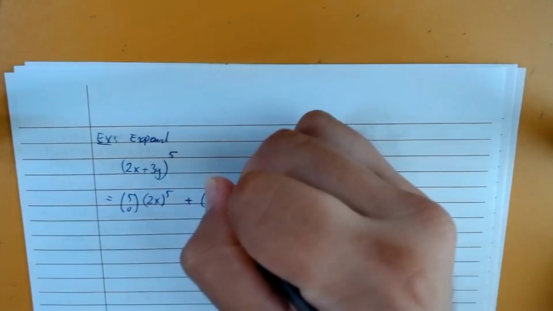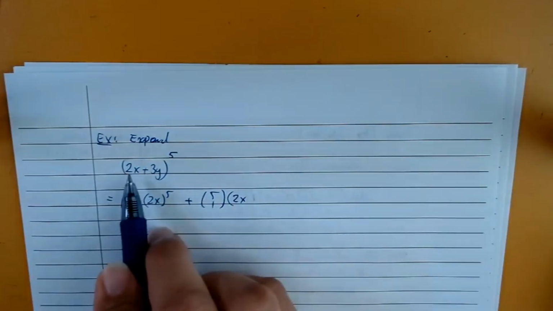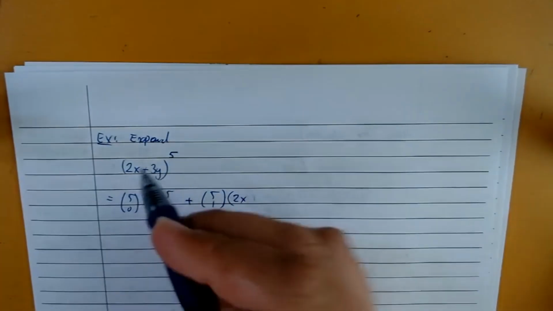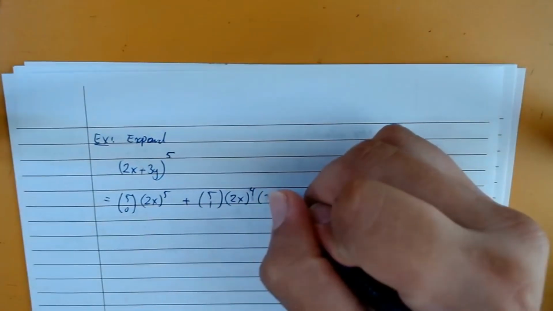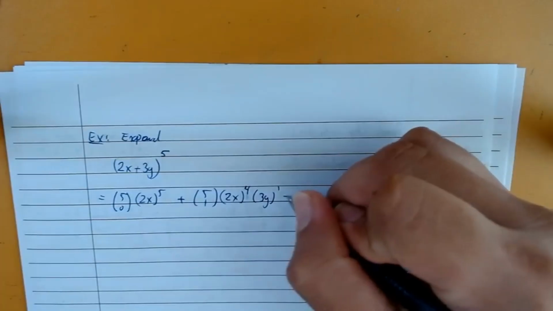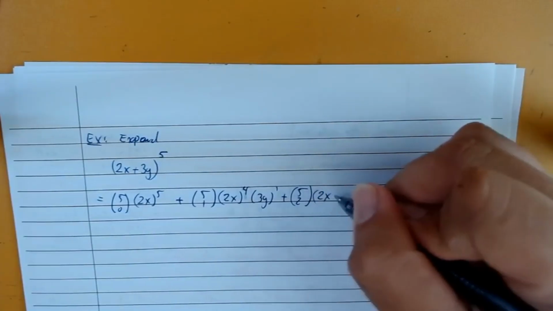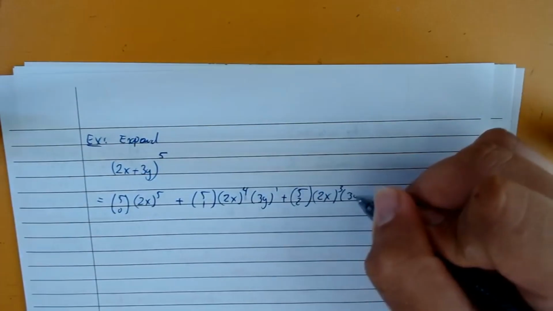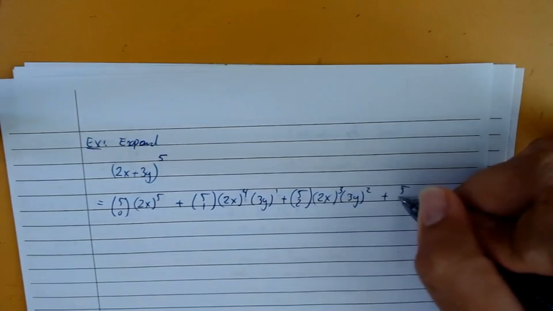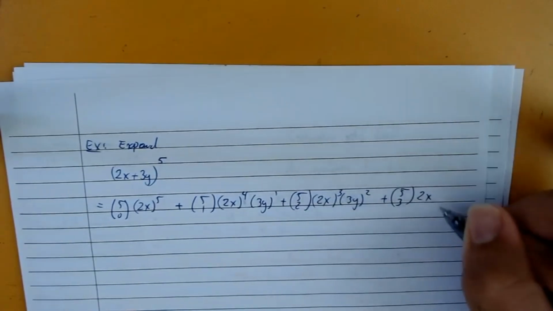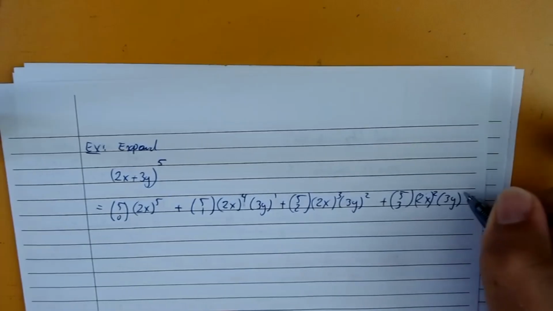The next one will be 5 choose 1, and that will be 2x. Okay, so now the first term will slowly start to lose power, and the second term will slowly start to gain power. So that'll be 2x to the power 4 times 3y to the power 1, plus 5 choose 2, and that will be 2x to the power 3, 3y to the power 2, plus 5 choose 3, 2x to the power 2, 3y to the power 3.